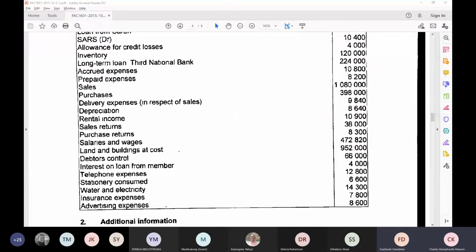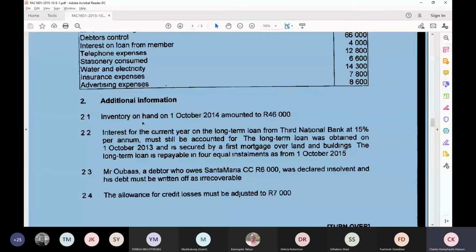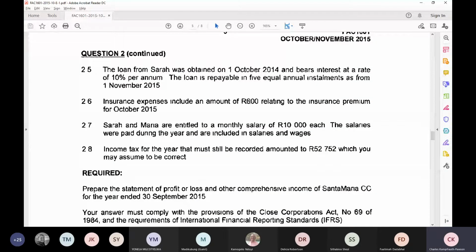Can you explain the insurance thing again, please? Let's quickly have a look there. Okay, so insurance expense includes an amount of 600 relating to the insurance premium for October 2015. October 2015 falls outside our current financial year, because our current financial year ends 30 September 2015.